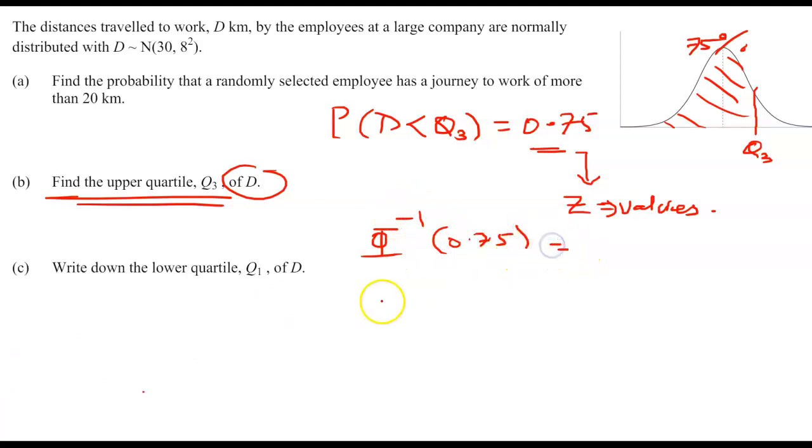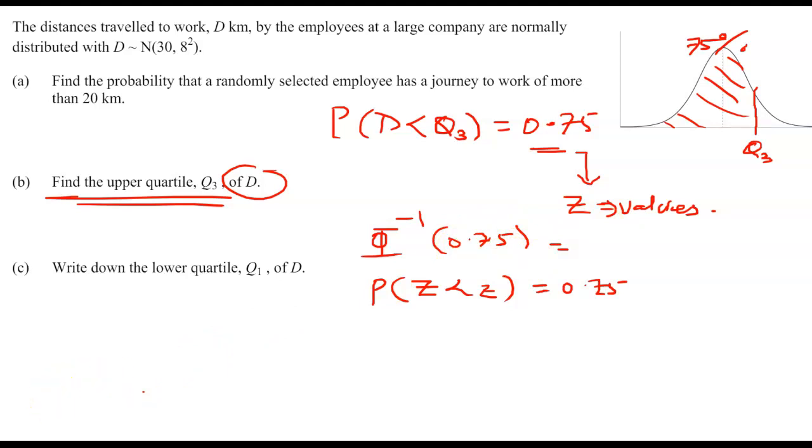You're looking for the Z value such that the probability that Z is less than that Z value is equal to 0.75. You're looking for the phi inverse because they've given the probability, but we only find the probability using the Z value. So we go and find the phi inverse of 0.75.